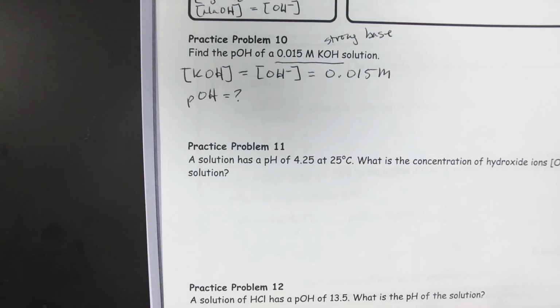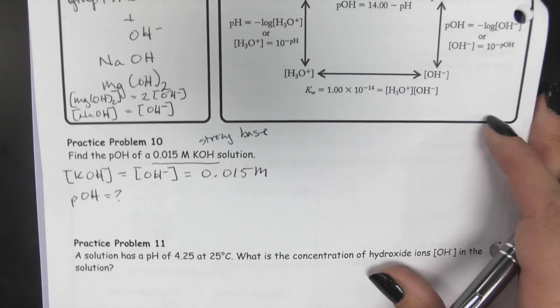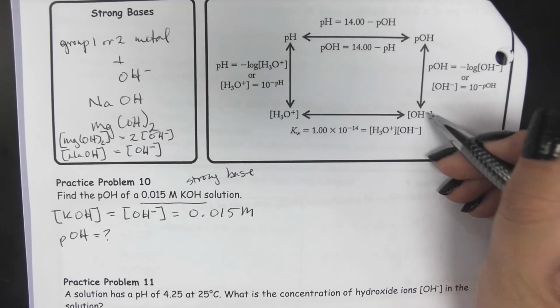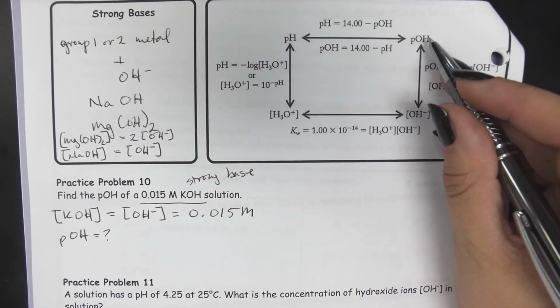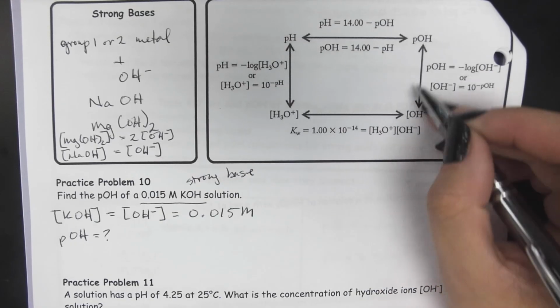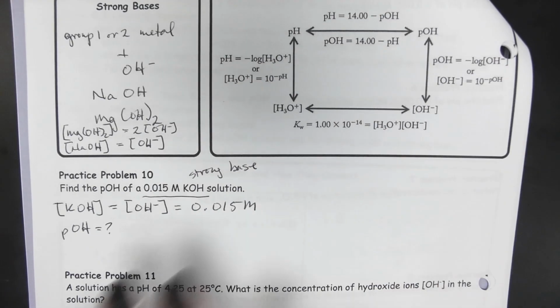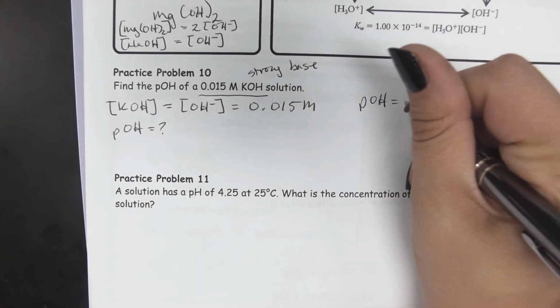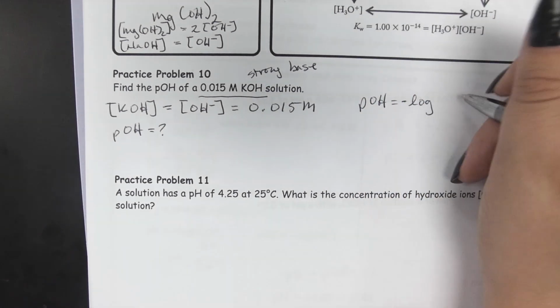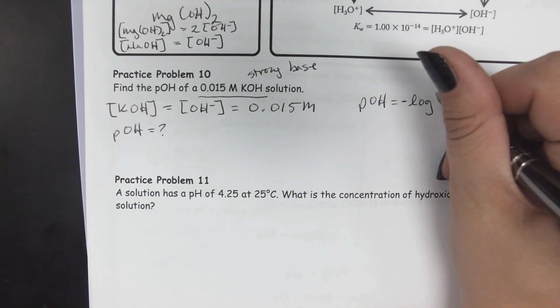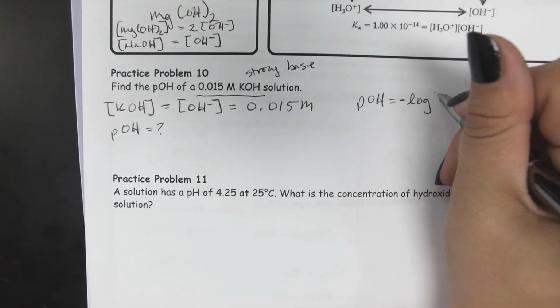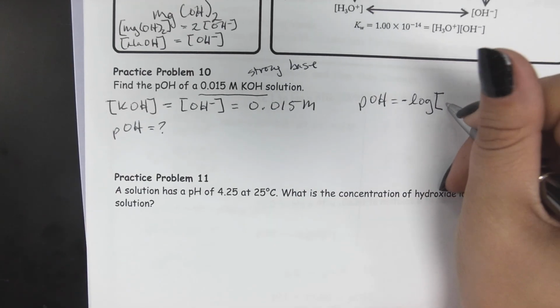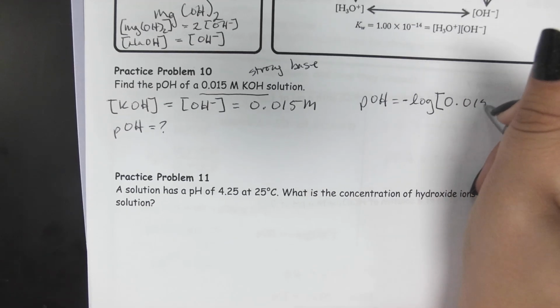So we know the concentration of OH minus, and we're trying to go to pOH. Oh, so it's just going to be one step to get there. pOH is equal to the negative log of the concentration of OH minus. Well, that concentration is 0.015.